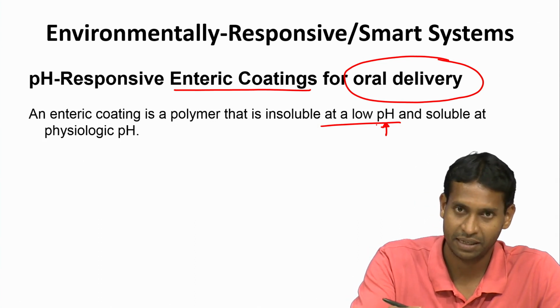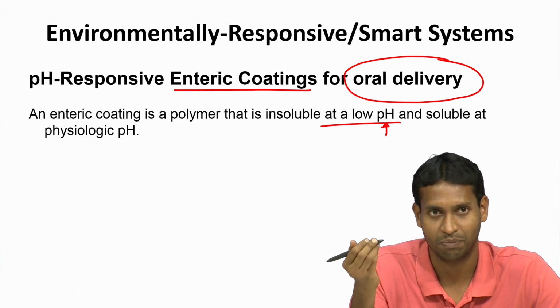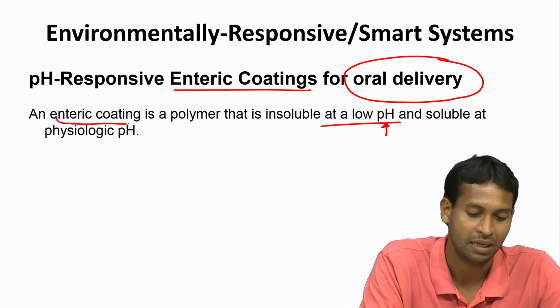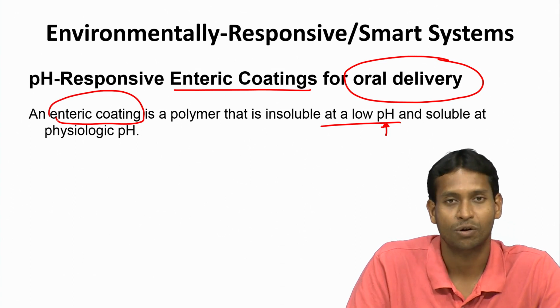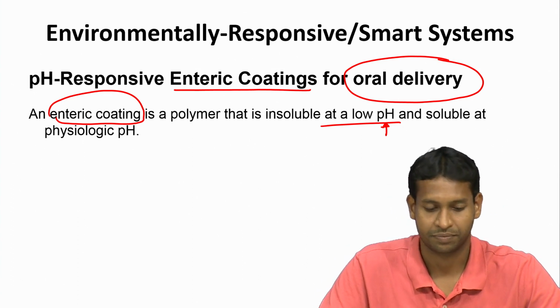And then as the tablet moves down and goes to the intestine, the pH increases, and at that point these coatings will become soluble. They will just solubilize and go away, thereby releasing the drug which was inside these coatings.